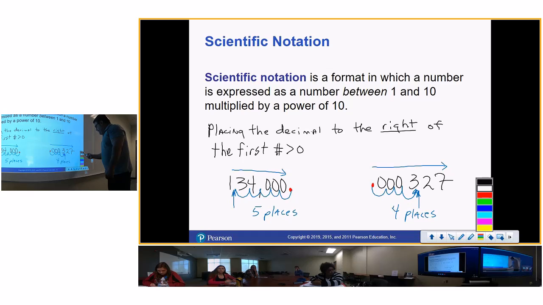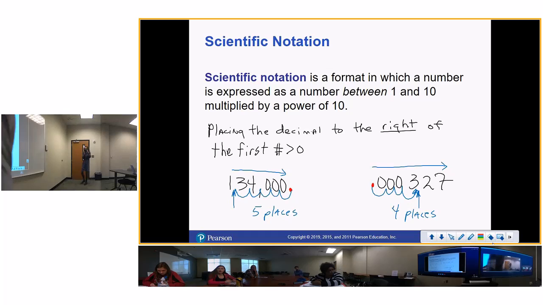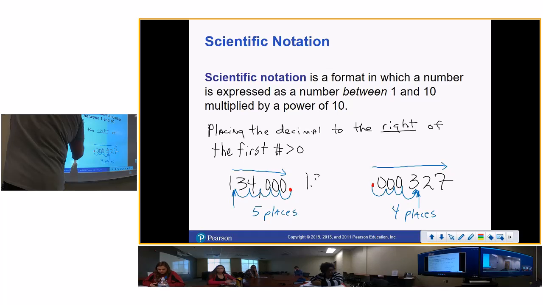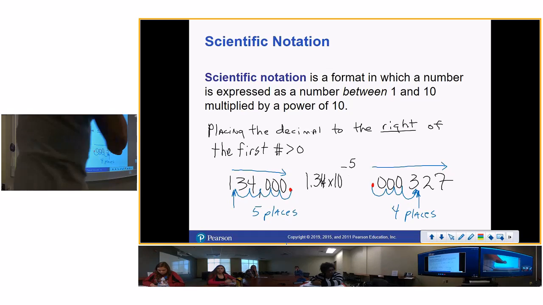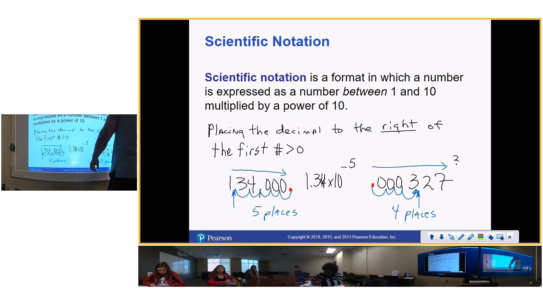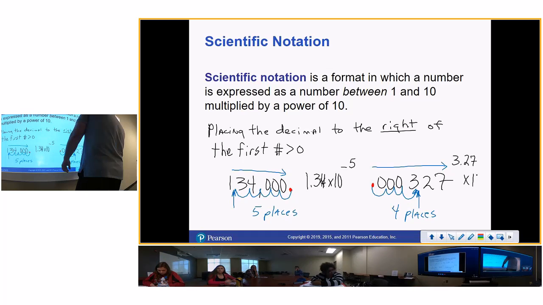I'm going to write it in black and I'm going to say 1.34 times 10 to the blank 5. Okay? And 3.27 times 10 to the blank 4. Now, why did I put blank 4? Well, because you don't know if it's going to be positive or negative. You got to put a positive or negative.